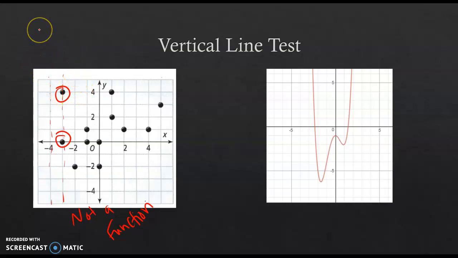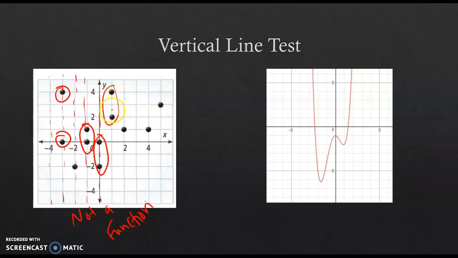And so I highly suggest taking your writing utensil and, since we're working on computer screens, using that to make your vertical lines on the computer screen to make sure that these vertical lines don't cross more than one point on our graph.